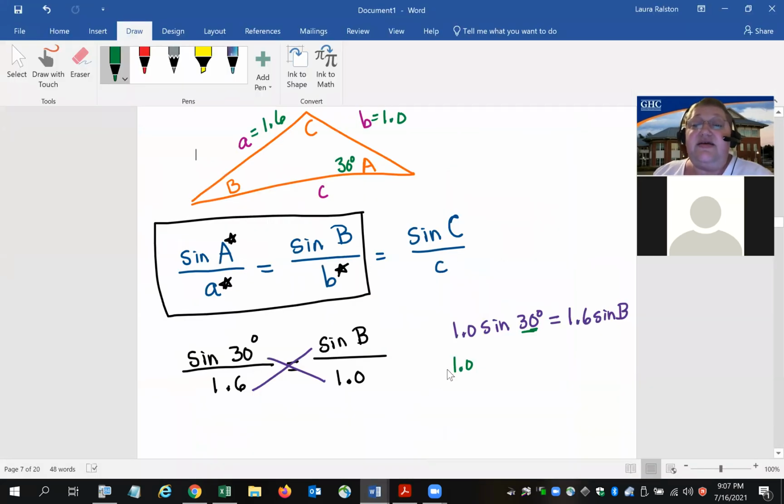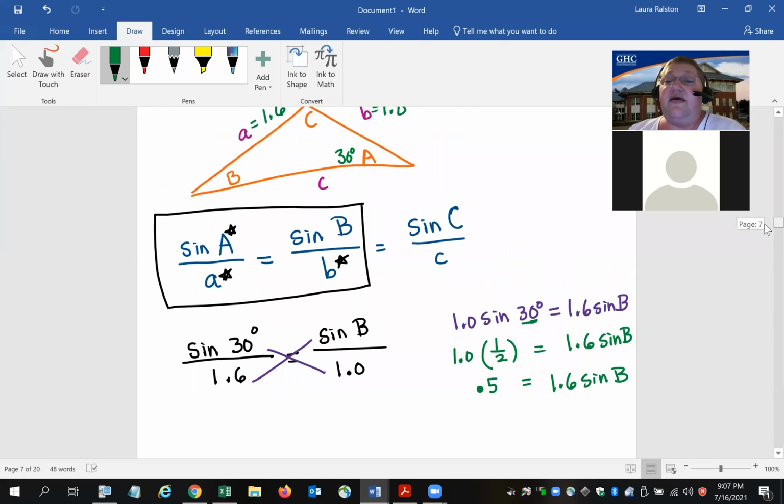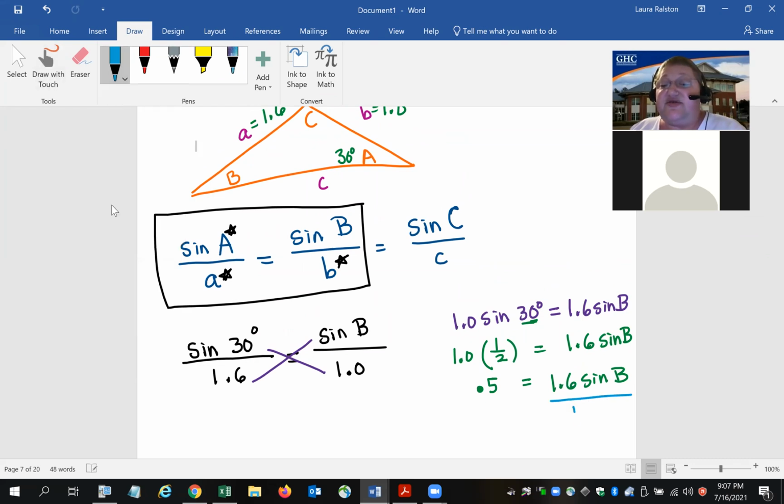So I have 1 times 1/2 equals 1.6 times the sine of b. That gives me 0.5 equals 1.6 times the sine of b. Then I'm going to divide both sides by 1.6 because I'm trying to get sine b by itself.